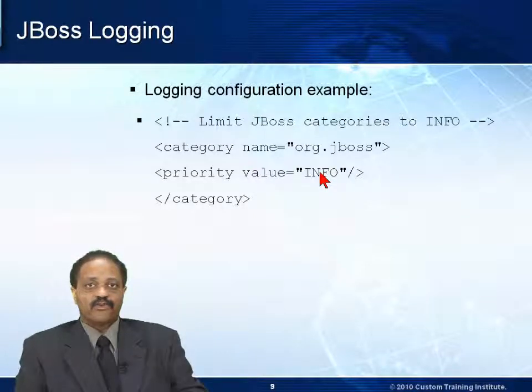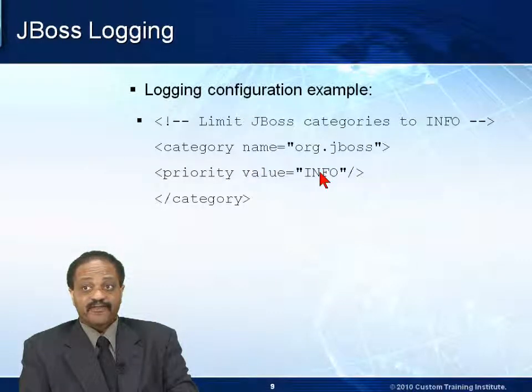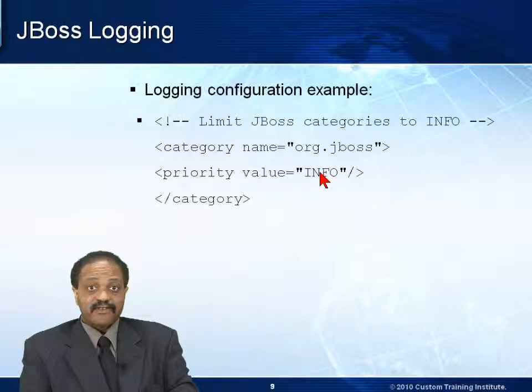So we're going to only log info entries as opposed to debug information or error information or warning information. The different priorities allow us to categorize what level of information we want to see. So we could see info information, debug information, or warning information. Those are the different types of categories.